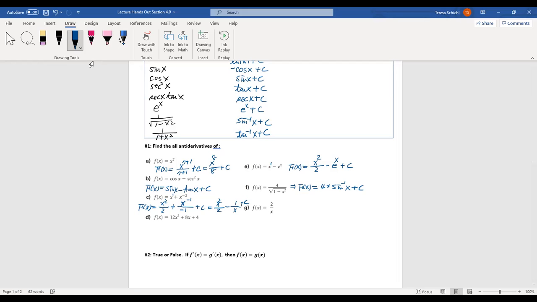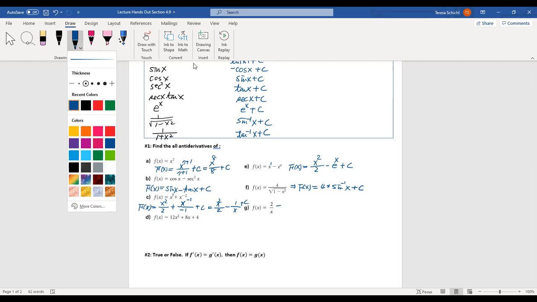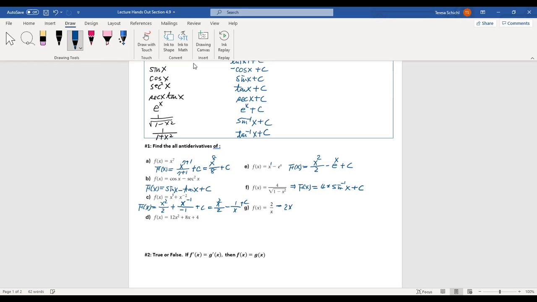Don't forget plus c. Okay, now for this one it is 2 over x. You can write this as 2 times x to the negative 1. You say, oh, x to the negative 1, I cannot use the power rule.